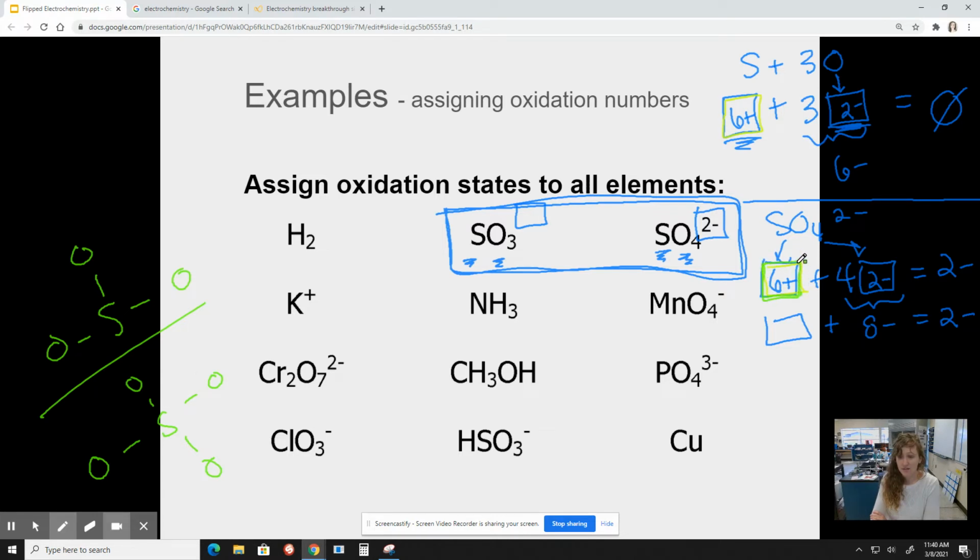Sulfur does not have a charge of 6 plus, but there are electrons distributed throughout this molecule, and those are the electrons that are going to shift in a redox reaction. Knowing it has an oxidation state of 6 plus is going to help us track those electrons as they shift.